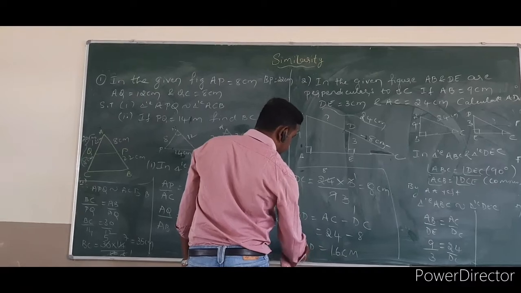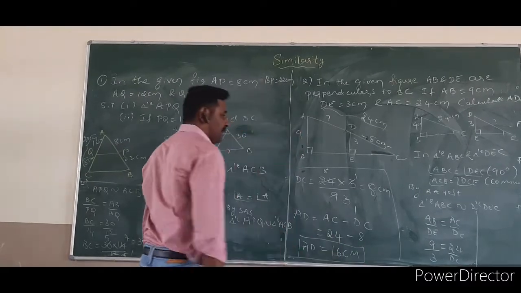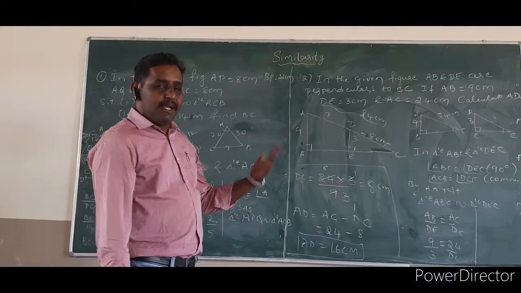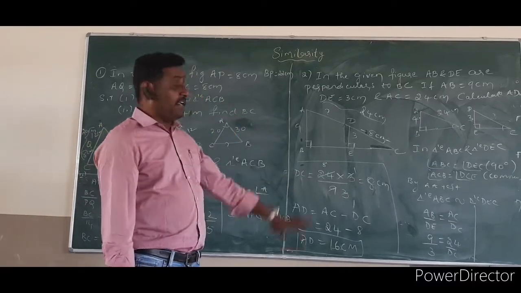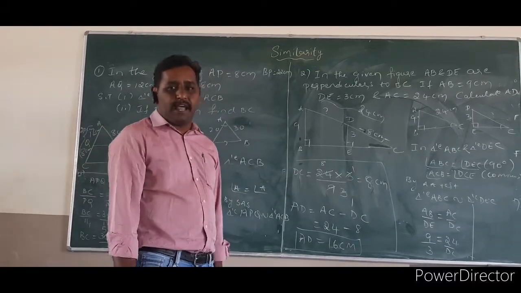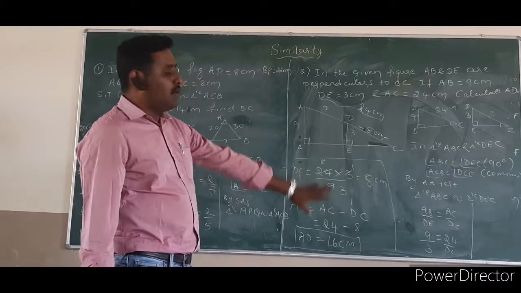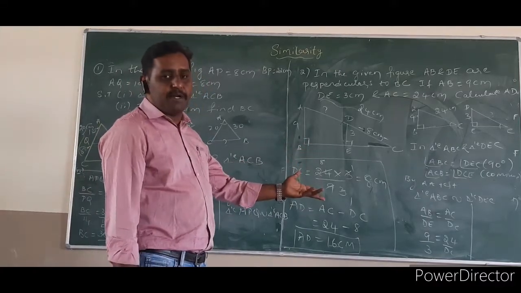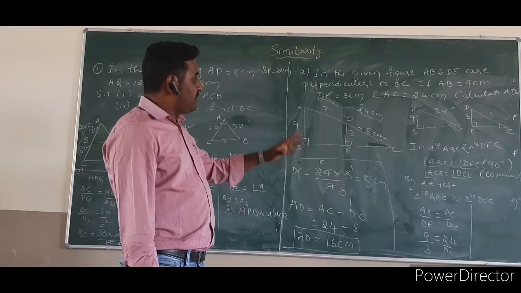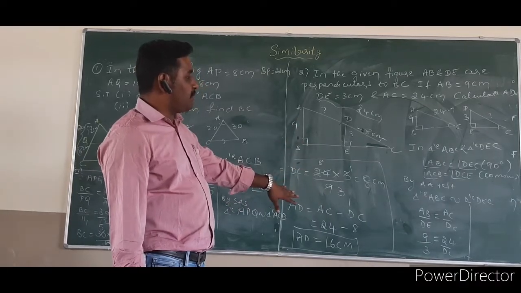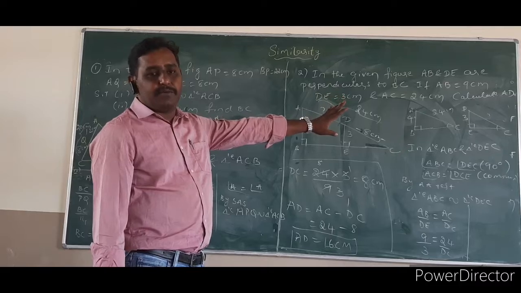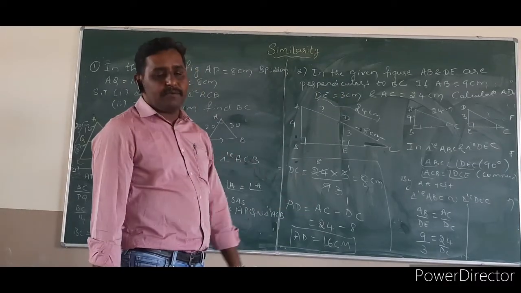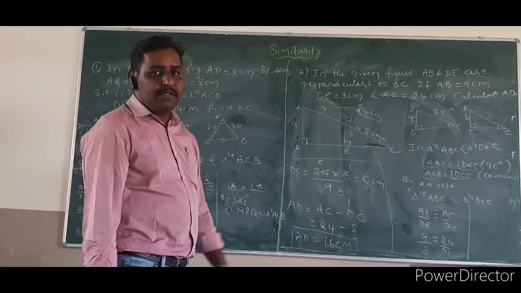What is the value of AD? 16 centimeter. So this way, if they are given any figure to prove any side of a triangle, first you have to show similarity. After showing similarity, then take corresponding sides are proportional, and which side they are asking to prove, that equality you can take and prove the certain problems on this condition.